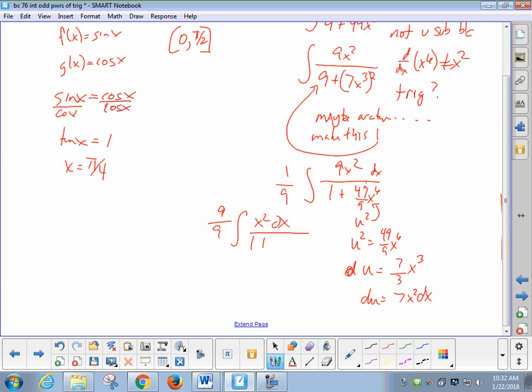Cool. 1 plus u squared, 1 plus, I'm starting to get lost here. Let's do this substitution also. X squared dx is du over 7. So I'm going to move the 9 out front and call that 1/7 du in place of that x squared dx. Then I have my 1 plus u squared.